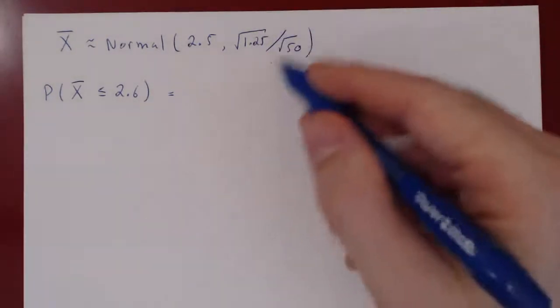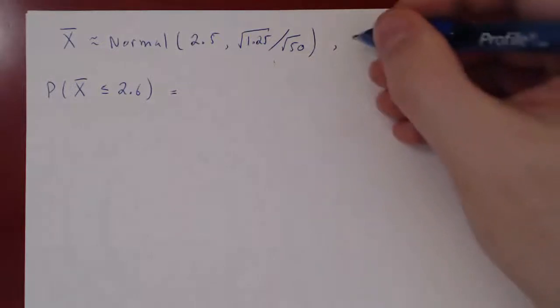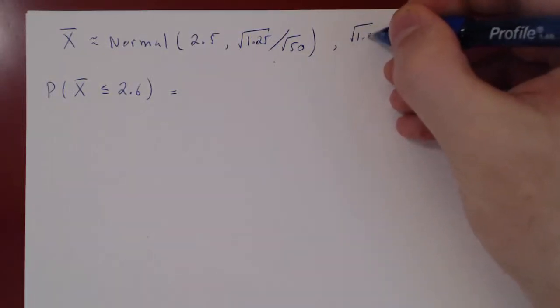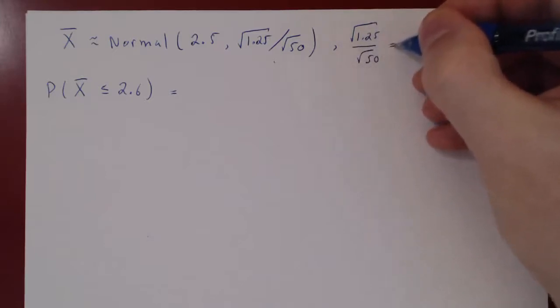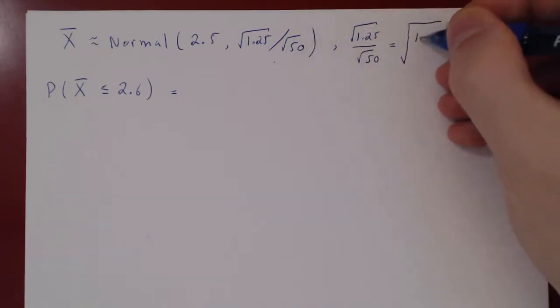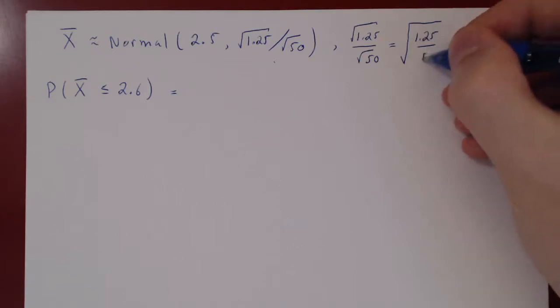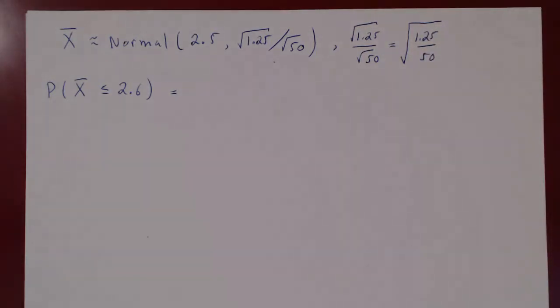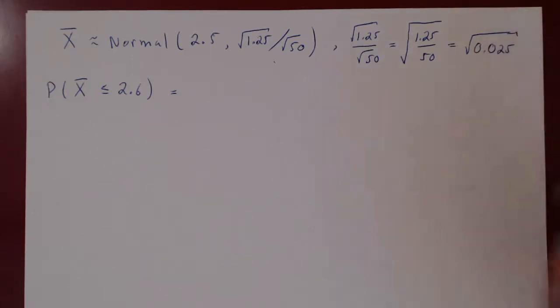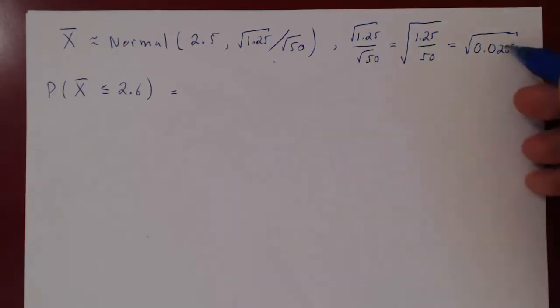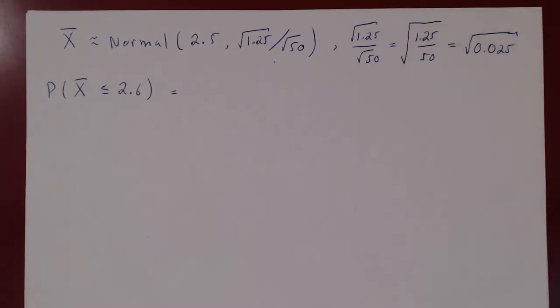You can simplify this a little bit if you want, as an aside. If you write the root of 1.25 over the root of 50, that is the same as the square root of 1.25 over 50. And if you compute 1.25 divided by 50, you will get 0.025. So that's just the square root of 0.025. You don't have to do this, but here the number is nice enough, and now we have our standard deviation.